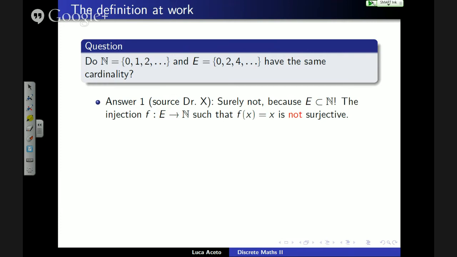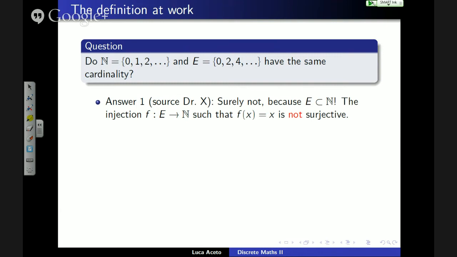Well, I asked Dr. X before coming here, and he said, come on, Luca, no way. The non-negative integers are bigger than the set of all the even numbers. In fact, the set of the even numbers is a strict subset of the set of all the natural numbers.